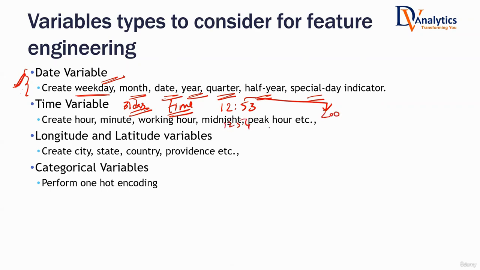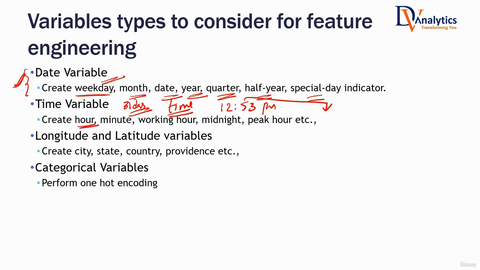At 12:54, there are 120 trips that were booked. If you want to predict the number of rides, this time variable is given to you. Do you think directly giving this time variable, 12:53 p.m., 12:54 p.m., the model will learn anything from here? No. What else can we derive out of this time?